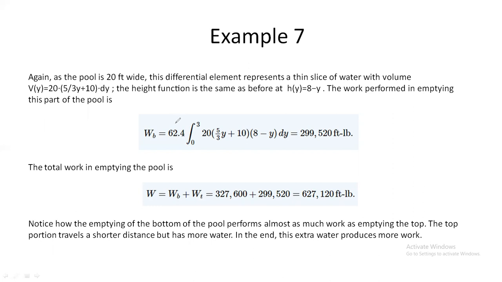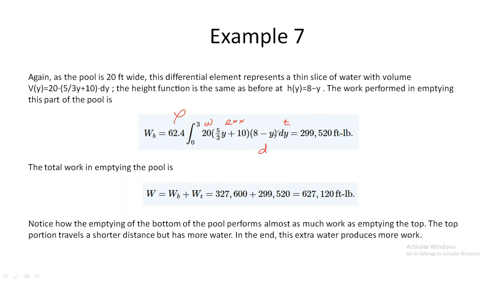This 62 is the density, this 20 is the width, and this is the length. The width and the length. And this is actually your x. Okay? I've shown it in the previous slide. And this one is the thickness to give you a volume. The width times the length times the thickness. That's the volume. Multiplied to the density, that would be the force. Now, this is your displacement, the 8 minus y.